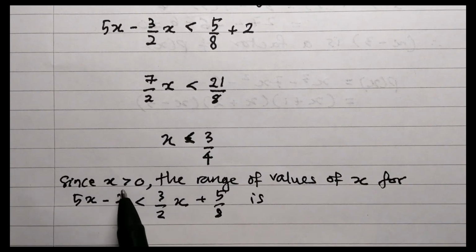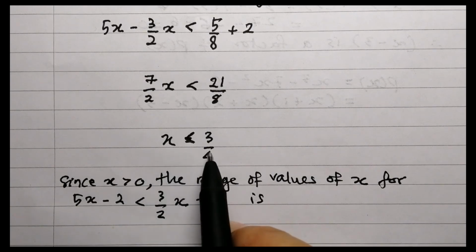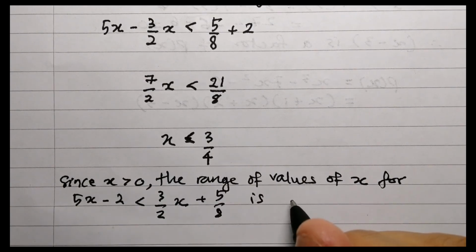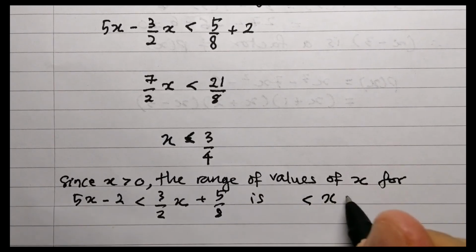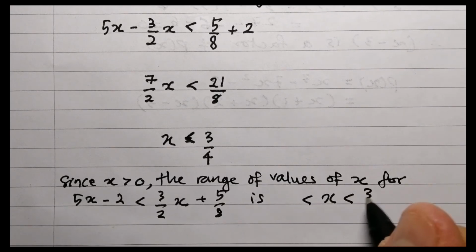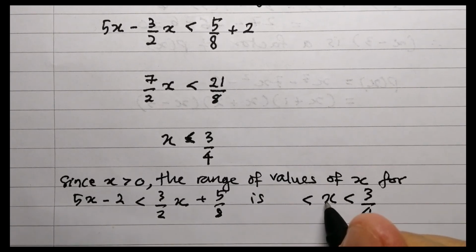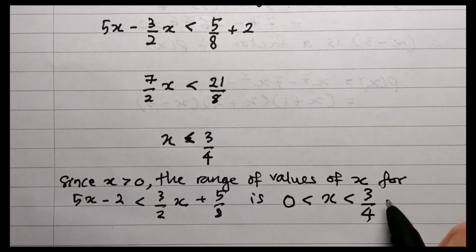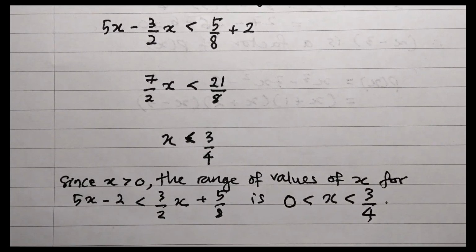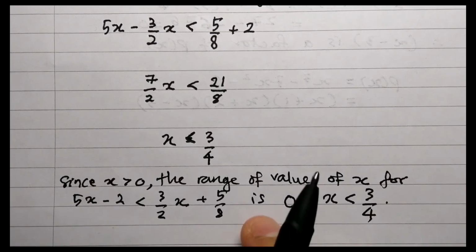So the range of x can be written as x in the range of 0 and 3 over 4, using the inequality less than: 0 on the left hand side and 3 over 4 on the right hand side.